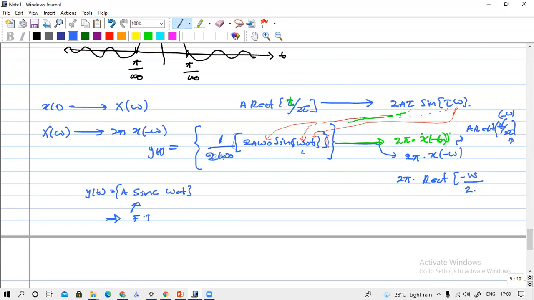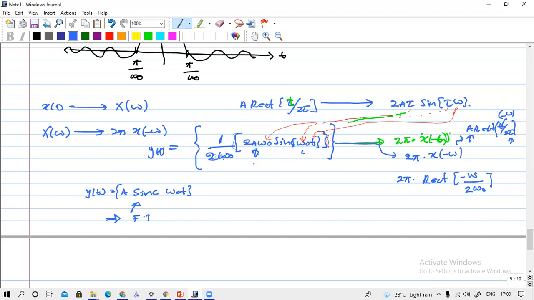So I have to put it is 2 omega naught, correct? Okay, so we have 2π rect minus omega 2 omega naught. So the amplitude is a, and our signal also has amplitude a.